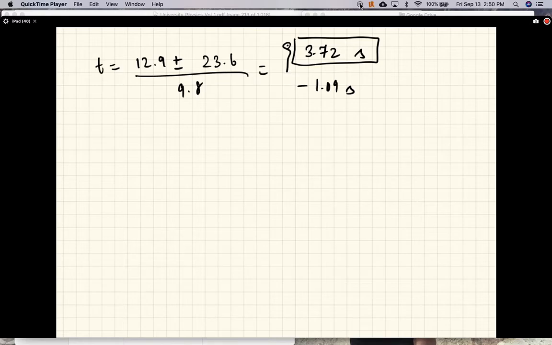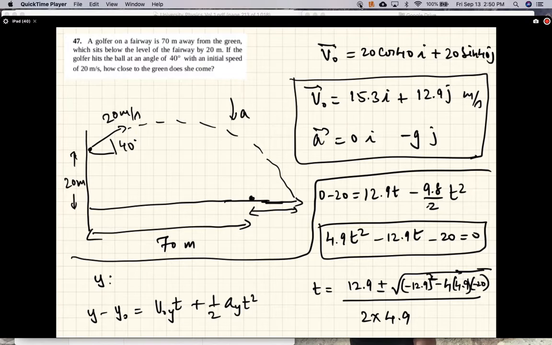The negative solution has an interpretation, but we will not go into that right here. It would mean that had the ball been hit from ground level, it would have reached that point 1.09 seconds earlier.